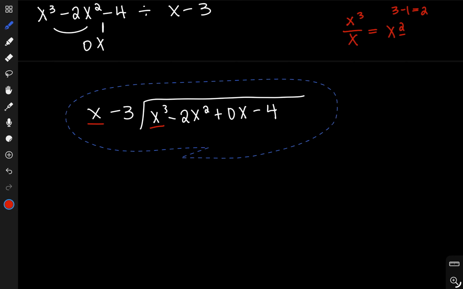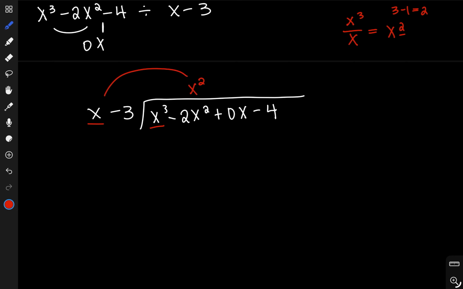Okay. We have x squared. And then we're going to multiply by both of the terms again. So x squared times x is going to be x to the third. And x squared times negative 3 is going to be negative 3x squared. I'm going to subtract the whole thing.